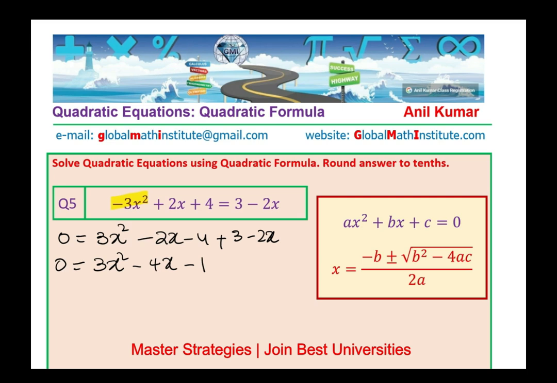Now we can apply the formula b squared minus 4ac. So we get x equals minus b, which is 4, plus minus square root of b squared minus 4ac, means 4 squared, minus 4 times 3 times minus 1, correct? Divide by 2 times 3.